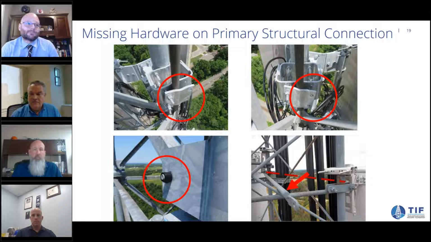You can clearly see that's frankly missing half its hardware for that backing plate. Same thing with that top right picture. And Dave, missing hardware is one thing, but you don't have half your hardware that's doing a whole lot here. What does that do to our antennas? Yeah, the situation is not predictable.